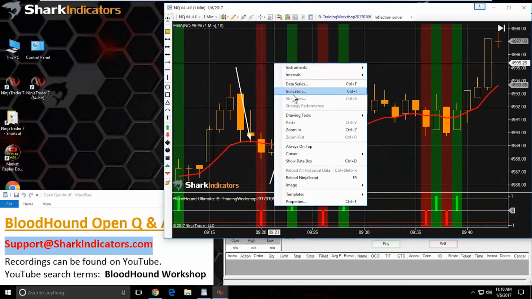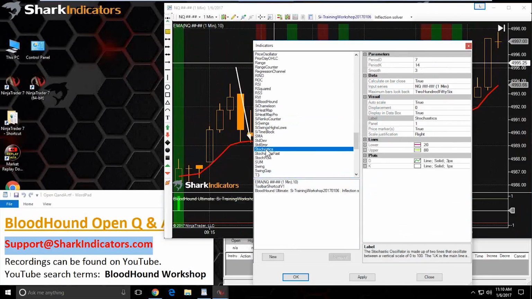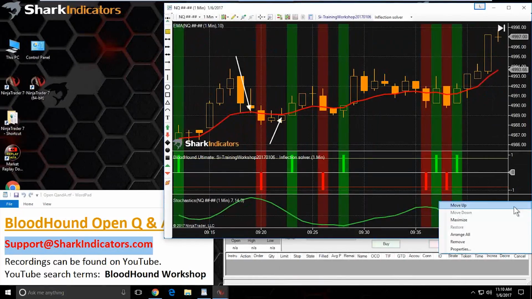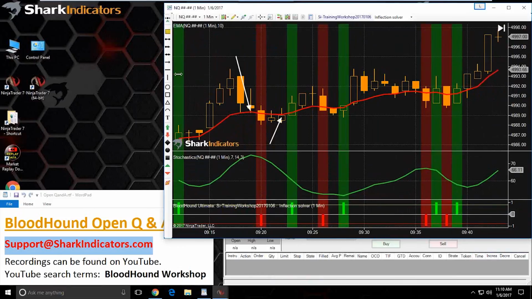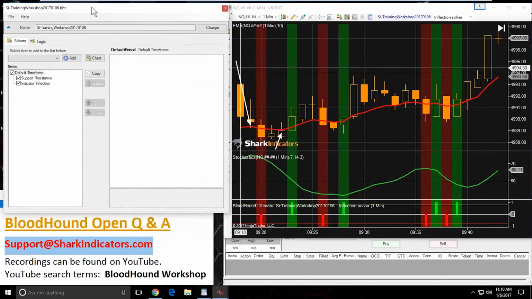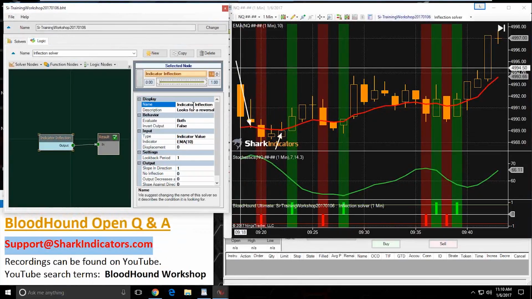Of course, you could also use the inflection solver on a stochastics as well. Let me name this solver first before I move on.